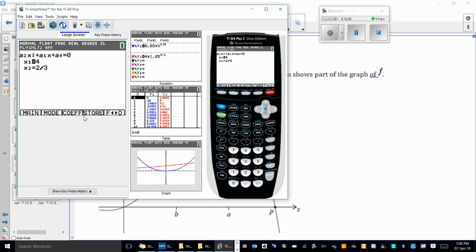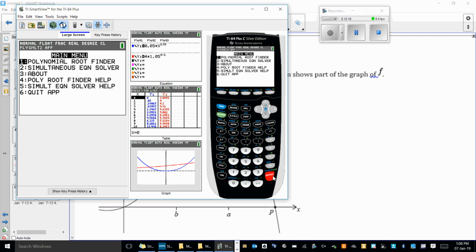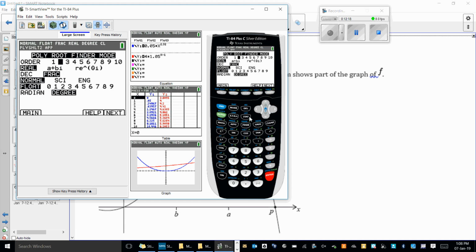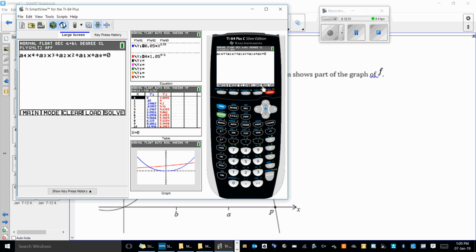I'm going to put it in the main menu. It's a root finder, but this time the order is 4.